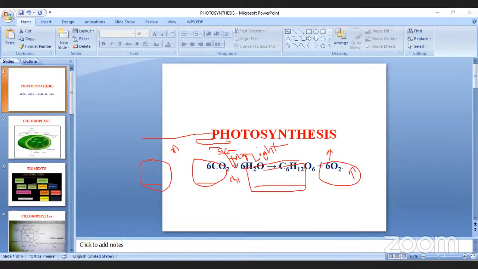Chloroplasts are mainly present inside the leaf. They are biconvex structures with a double membrane, one and two membrane layers.